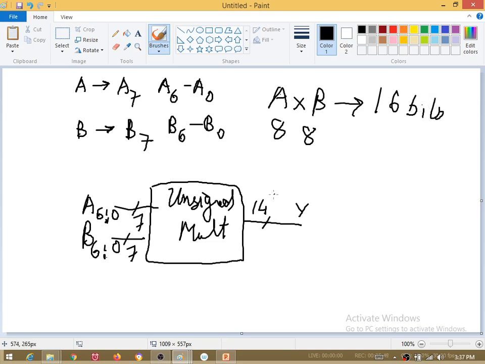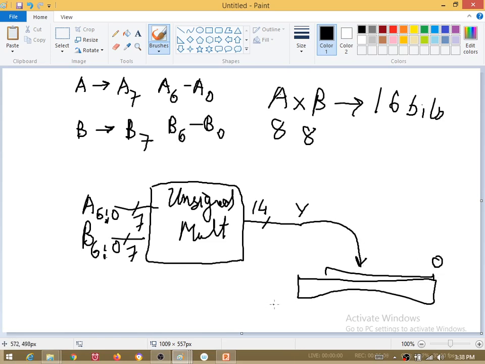Okay. So over here I only have 14 bits. So what about the remaining 2 bits? Here I am going to say that this is my final answer, starting from 0. My labeling is like this: this is my 15th bit, this is my 14th bit.